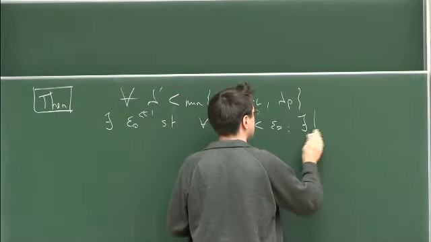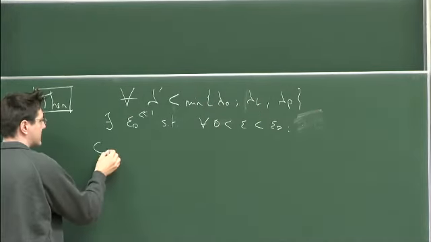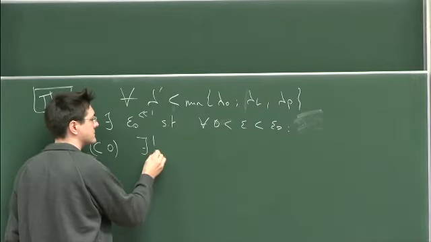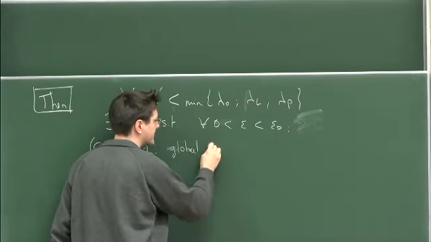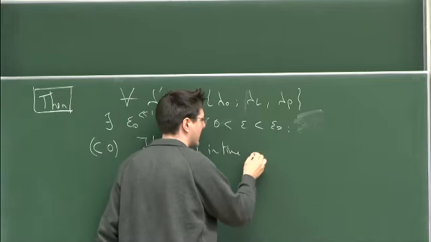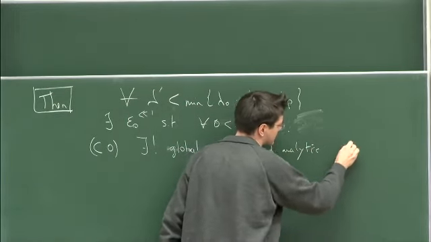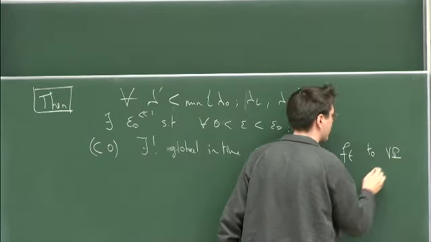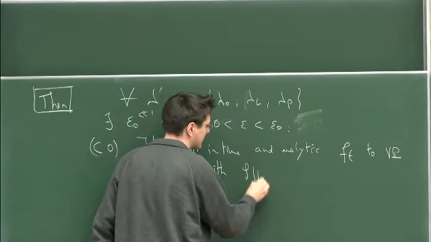First, let's call it conclusion C0: there is a unique solution, global in time, and analytic, to the Vlasov-Poisson equation with initial data as we have prescribed.